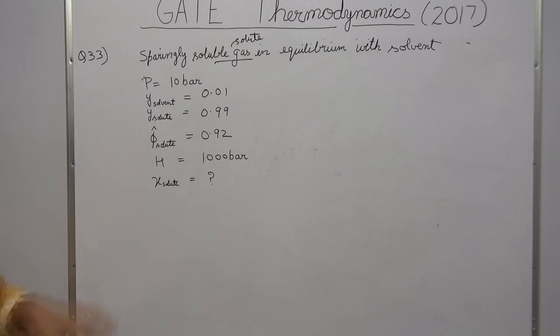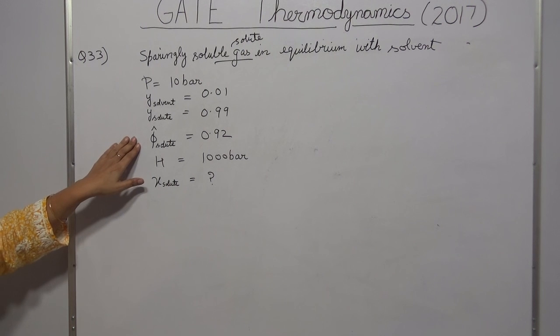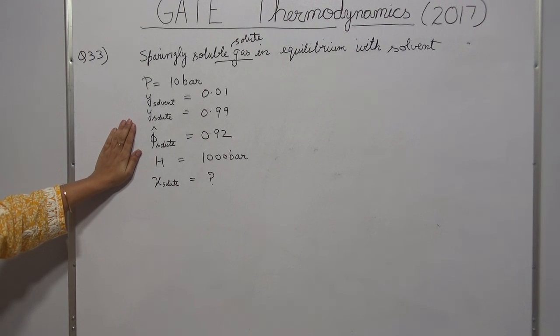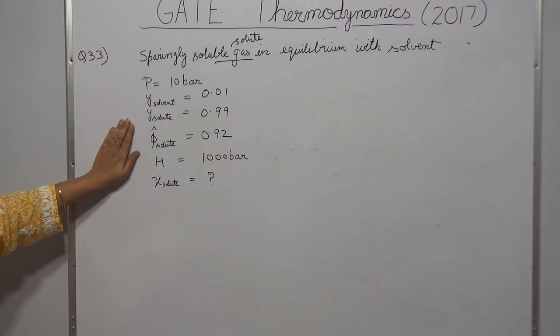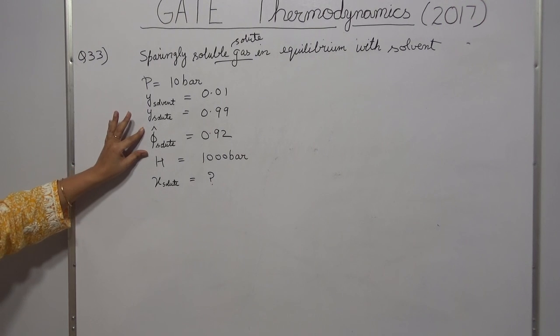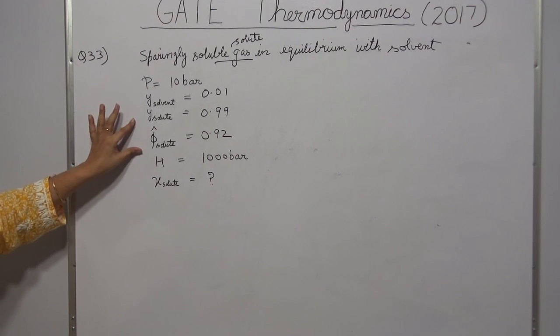So let's first write down our Henry's law. Now they have given you the fugacity coefficient in the vapor phase. That means that your vapor phase is not behaving ideally, but they have told you that the liquid phase obeys Henry's law. That means your liquid phase behaves as an ideal solution, but your gas phase deviates from ideal behavior, and for that they have given you a fugacity coefficient phi.